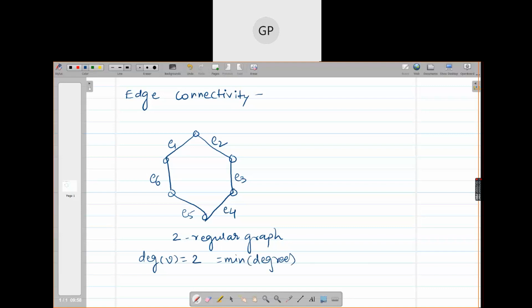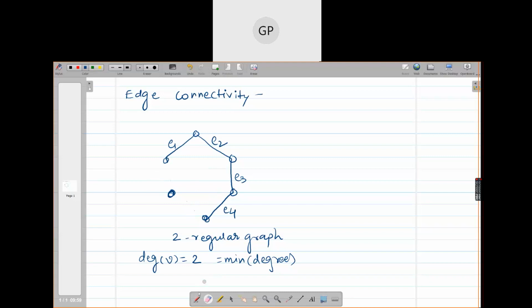The number is 2. So you delete any two edges. For instance, if I delete E5 and E6, what happens? This vertex becomes isolated. So how many components of the graph? Two components.